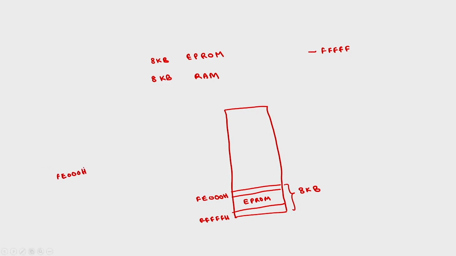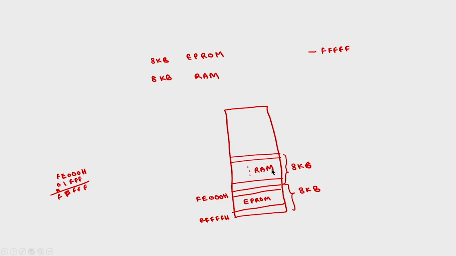FE000H, if the starting address, to get the 8K you have to add 01FFFH. So this will be FFFFFH, 4 Fs, right? Similarly, the address 1 below this one, I want to use for another 8K for RAM, random access memory.